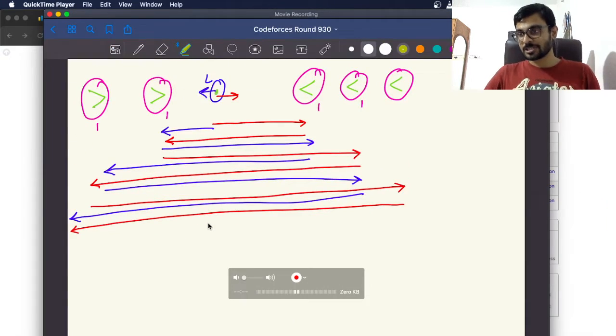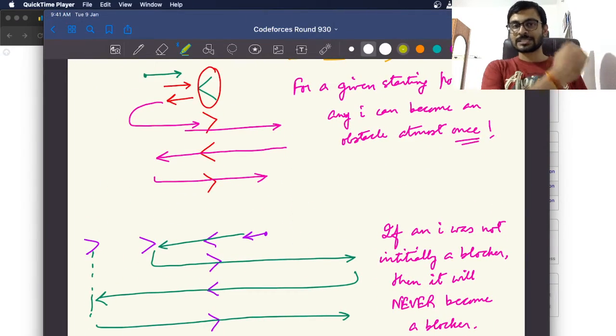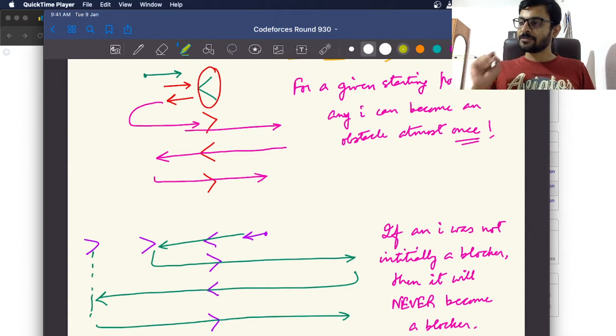Now that you have understood these two very important points, that an opposite sign in the direction of movement becomes an obstacle only once. Opposite sign, that is initially opposite sign, will become an obstacle only once or at most once. And if it was not initially a blocker, it will never become a blocker.